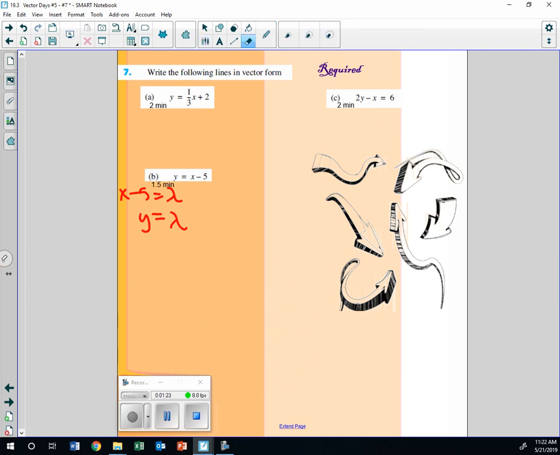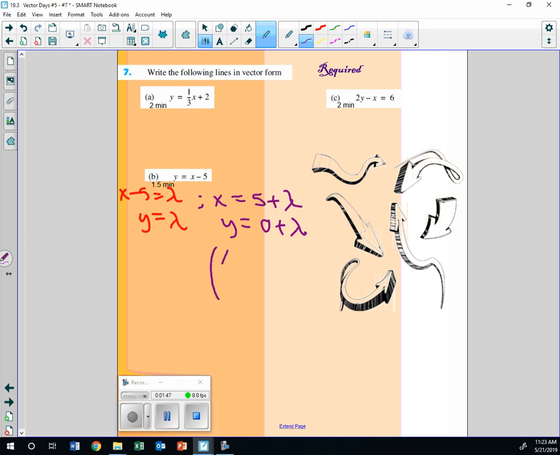So we got to turn it into that format. To do that, I'm going to move this 5 over to this side, 5 plus lambda, and I'm going to move the lambda over, 0 plus lambda, like that. So now you can kind of see, oh, there's the xy. Oh, there's the point.